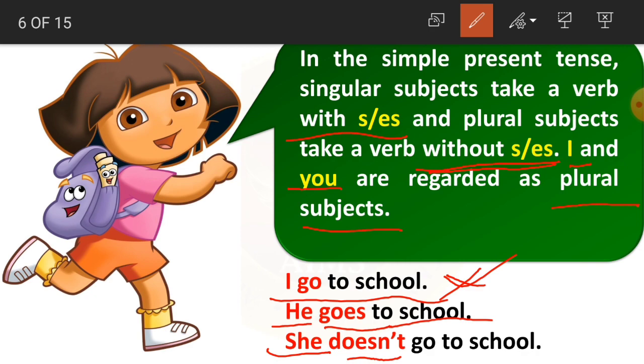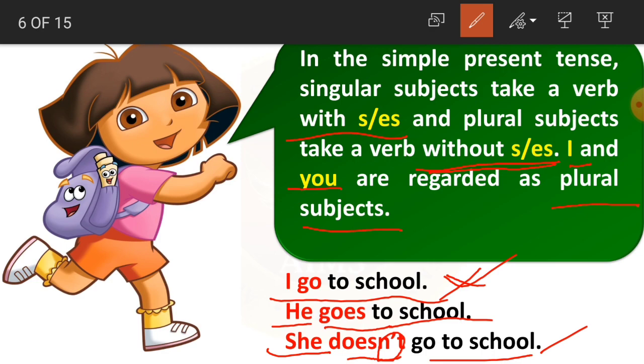So for do, we are adding es because this is a negative sentence. We made it as not, does not. It is a negative sentence, whereas he goes to school is a positive sentence. That is why we added not. She does not go to school. Clear, children? Yes.